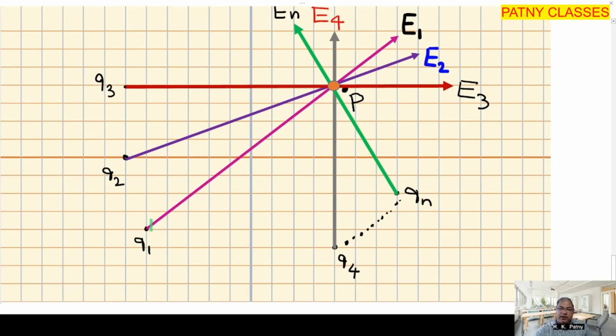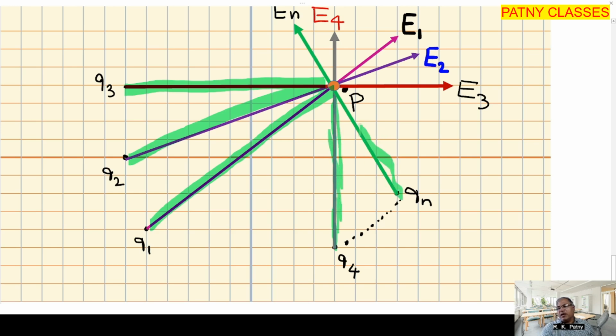Once again, the vector directed from the charge Q1 to P, that is vector R1p, and the vector directed from charge Q2 to P, that is the vector R2p, and from the charge Q3 vector R3p, and the vector directed from charge Q4 to P, that is the vector R4p. Similarly, the vector directed from the last charge is the vector Rnp.